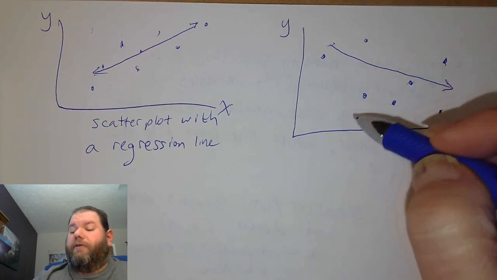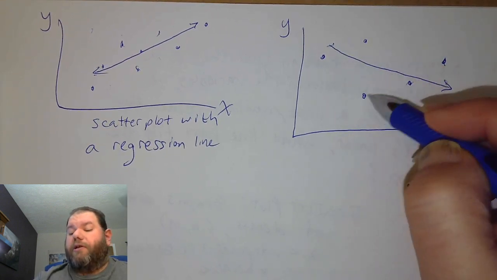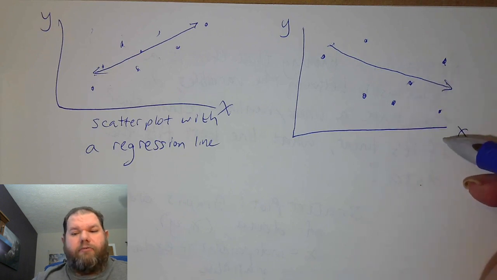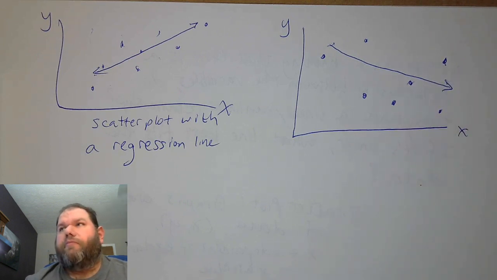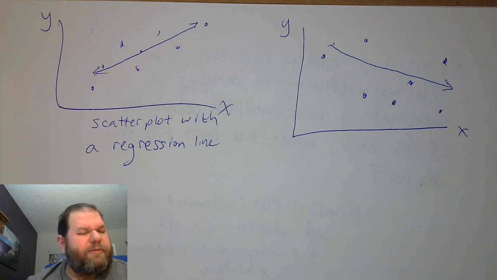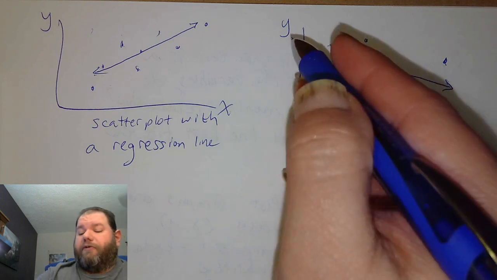In this case, because the points are farther from the line, I would say that we would have a lower correlation coefficient based on this, closer to 0, basically. Not 0, but it might be a weak correlation, for instance, but still negative, because there's a downward slope.